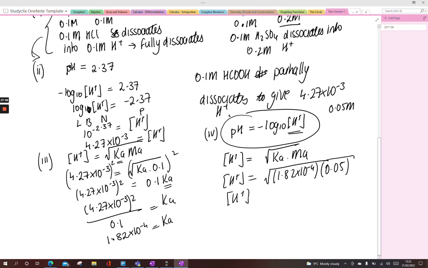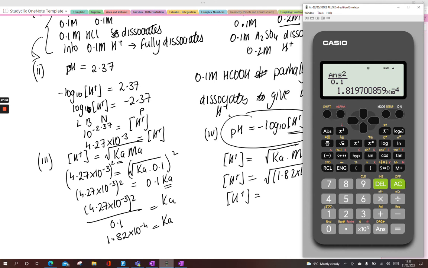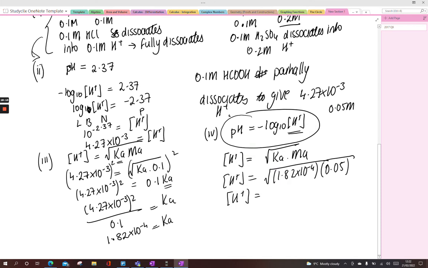So real tough. For Foundation 3 sort of questions, if you struggle with the sums, I'd maybe steer clear of these here. Again, I haven't deleted it by good luck. I'm going to multiply that answer by 0.05, take the square root of it, and I get 3.02 by 10 to the minus 3.